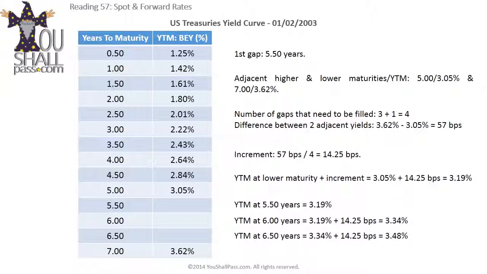We work out the difference between the two adjacent yields and then the increment, which needs to be added to the lowest maturity. We start working from the lowest maturity right up to the highest maturity until the gap is filled, and there we have it, interpolation and yield curves via interpolation.